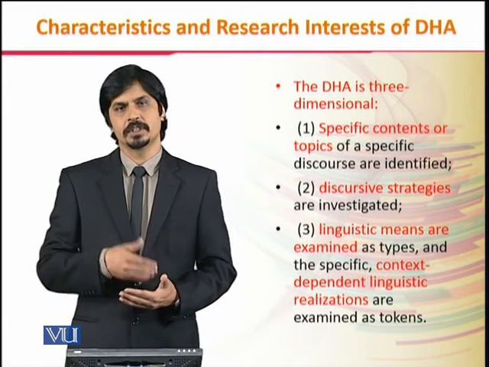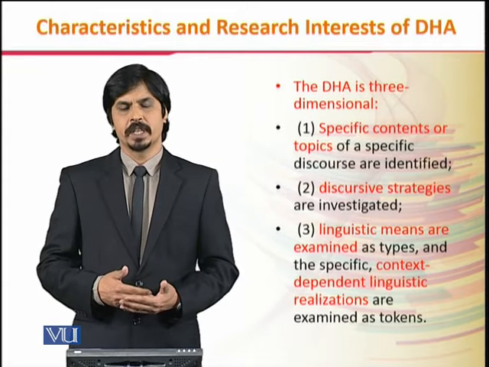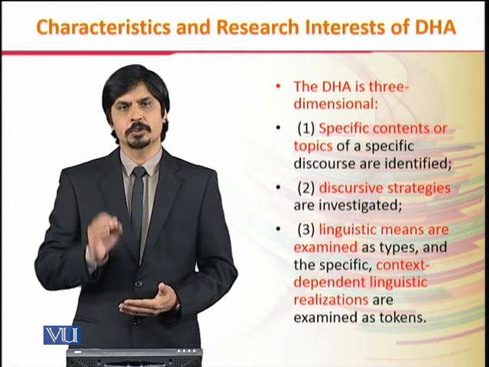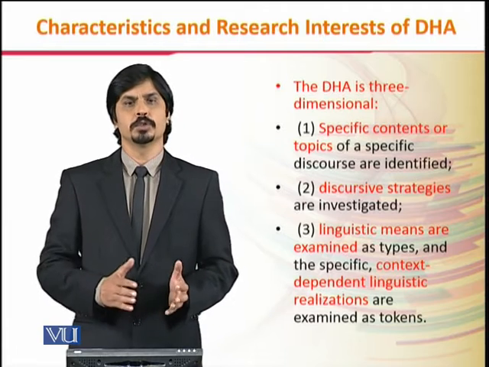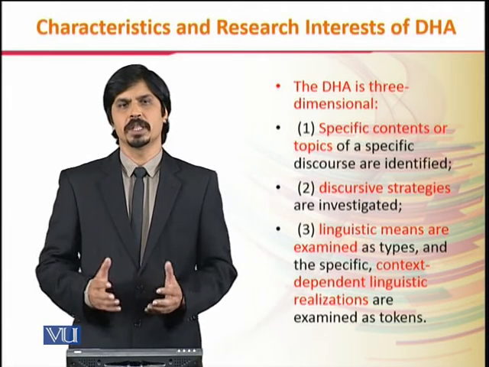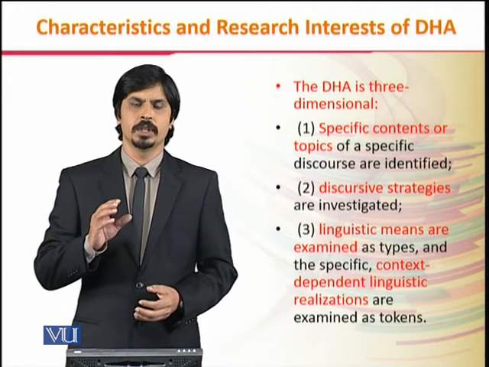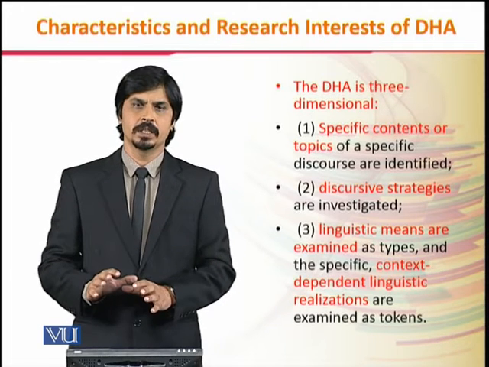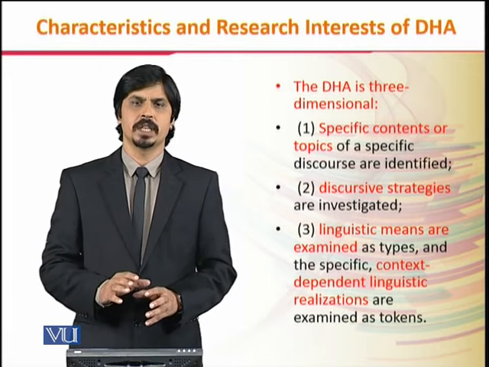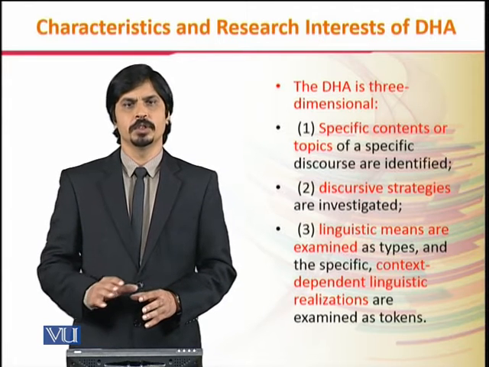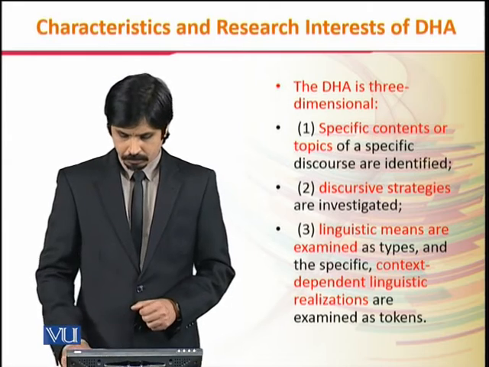They work as types when we need to identify certain problems in the text, and certain contextualized linguistic means have to be applied according to the nature of the text being investigated, and we may call them tokens, which hint at particular contextual features of a text and help us understand the embedded ideologies or identities in that text.